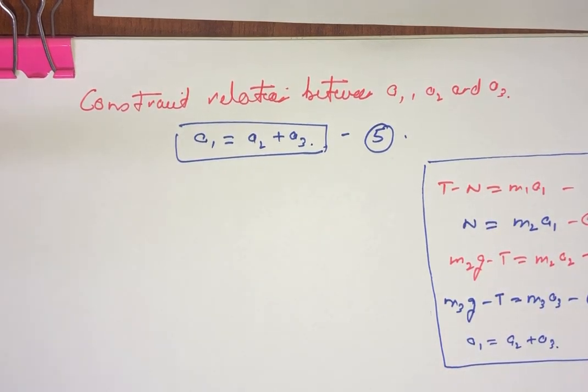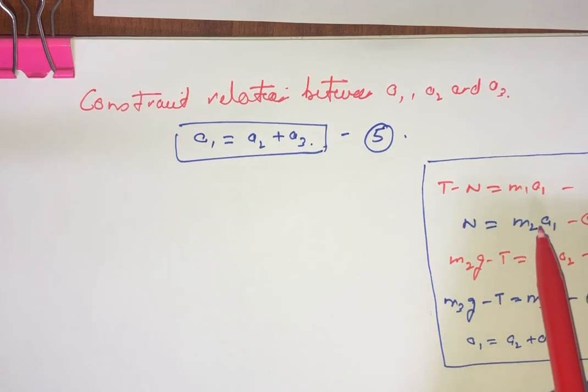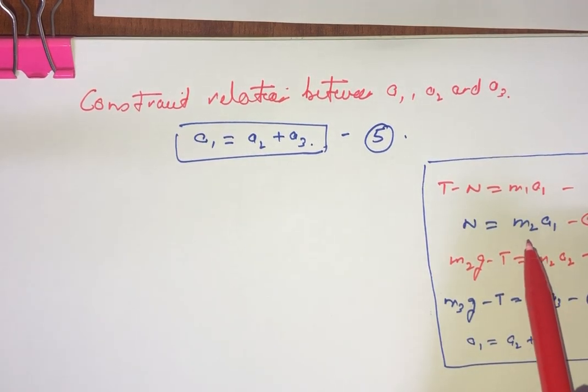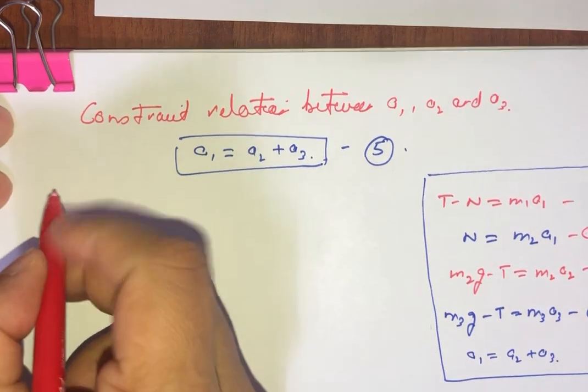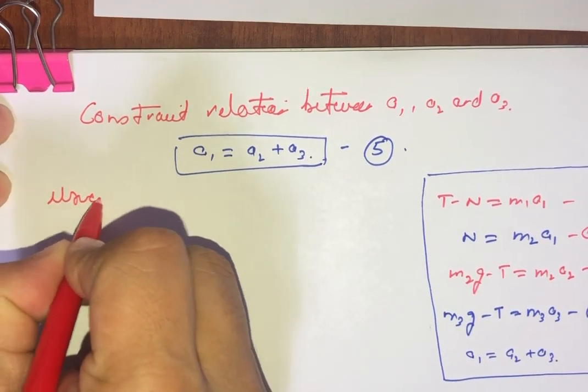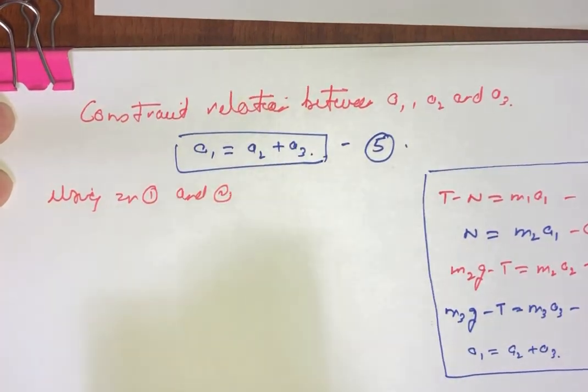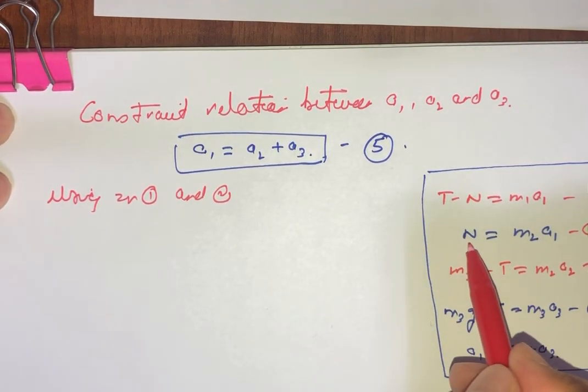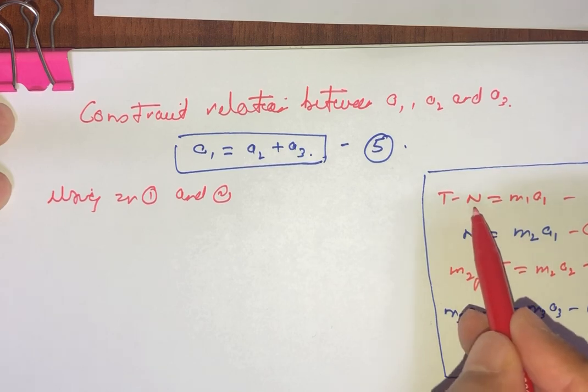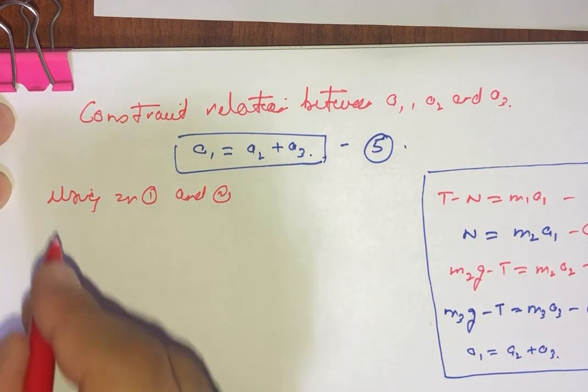Okay. So first of all, we are going to use equations 1 and 2. Using equations 1 and 2, we take the value of N and substitute in one equation.